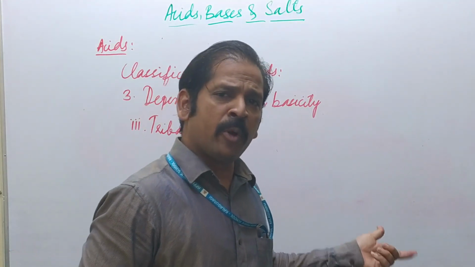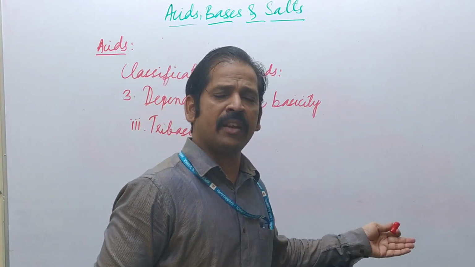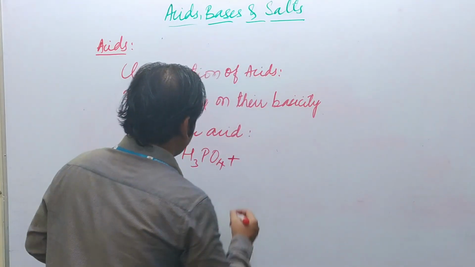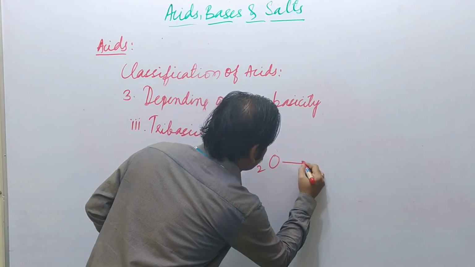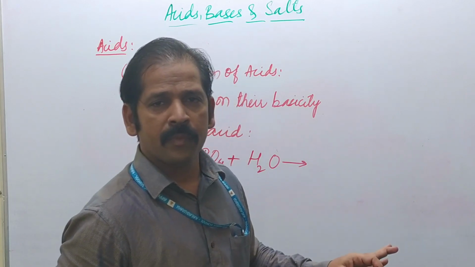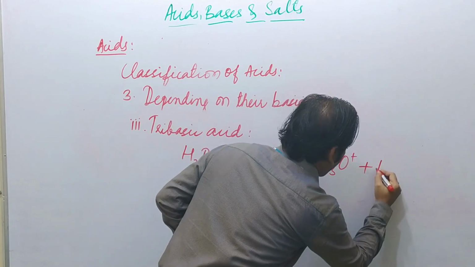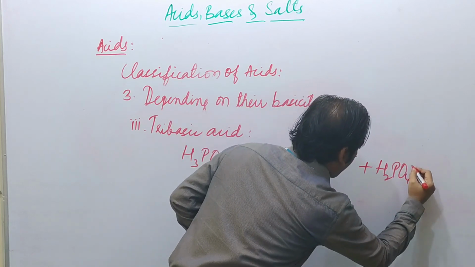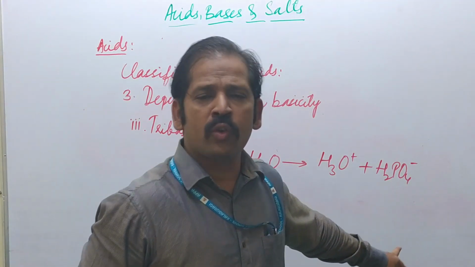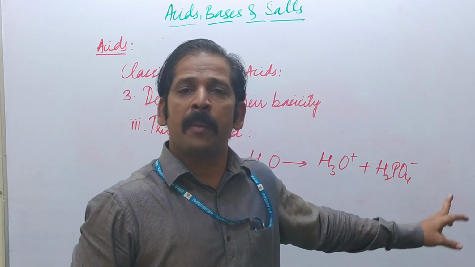Now, step by step, we have to remove all 3 hydrogens from the phosphoric acid. 3 steps will be there. 3 hydronium ions will be formed. Phosphoric acid is reacting with water to form H3O plus and H2PO4 minus.